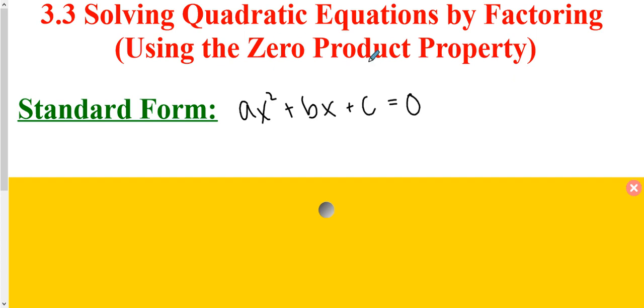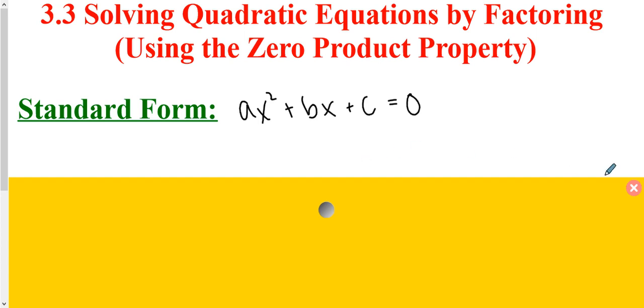Now, the zero product property is a property that we use in math. 0 is a number. Product is the result of a multiplication problem. And so my zero product property says if I multiply two things together and I get 0, that means that one of the things I multiplied had to be 0. So let's think about that. 27 times 0 is 0. 3,782 times 0 is 0.